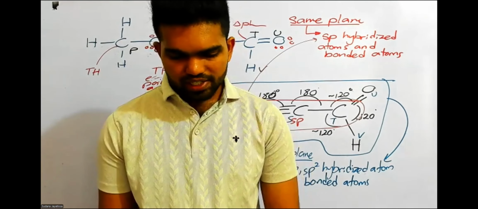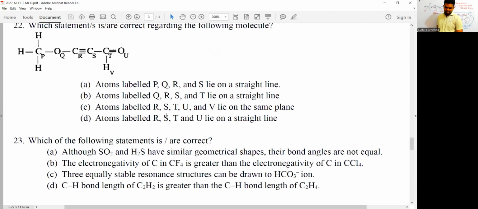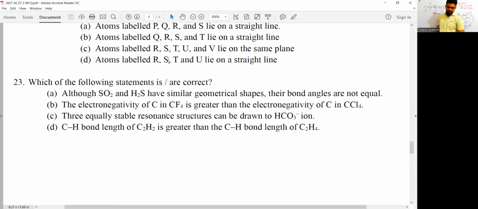Okay, now let's move into the next question. Question number 23, and this is the last ABCD question. They're asking for the correct statement. There are 4 statements, and I'll explain them one by one.